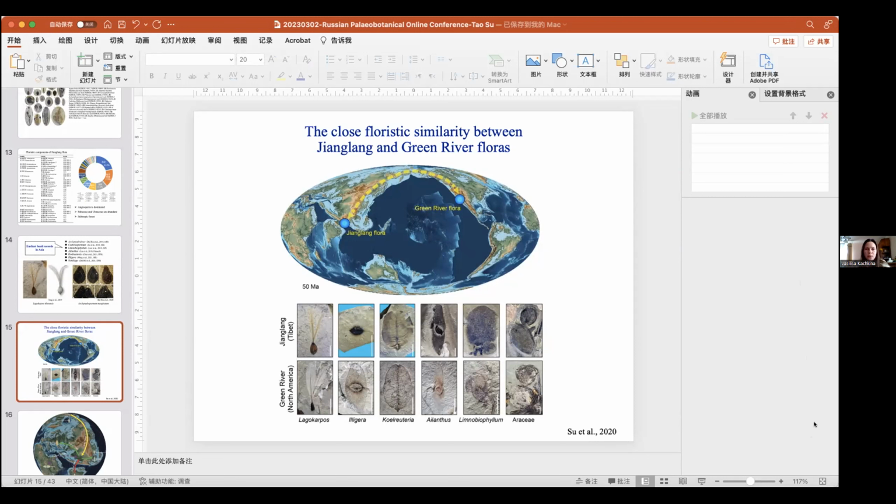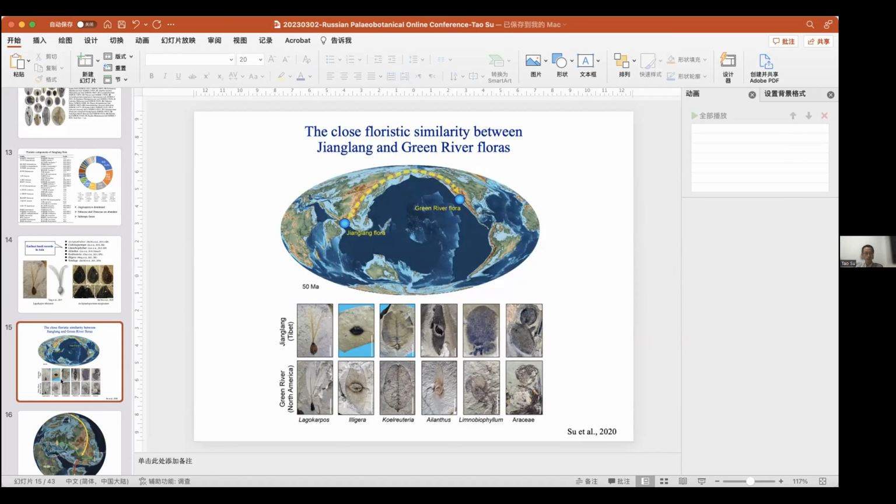Can this be connected with climate changes or some different causes, maybe something like potential properties of taxa themselves? So what do you think? So you mean what are the main factors driving the floristic change? Yes.